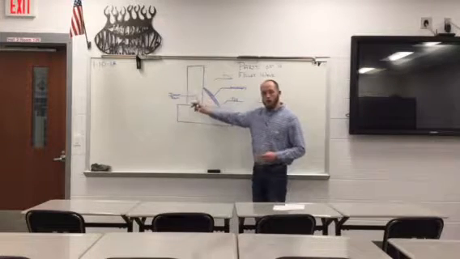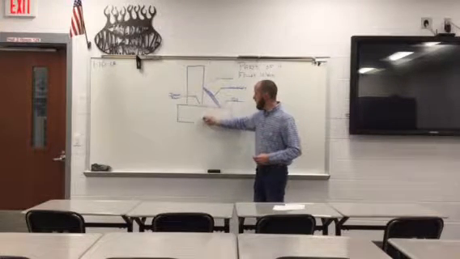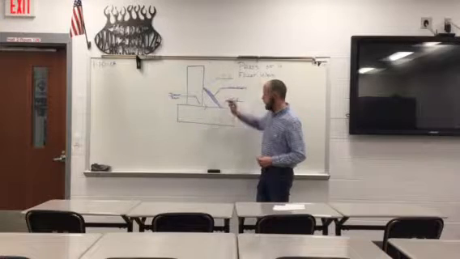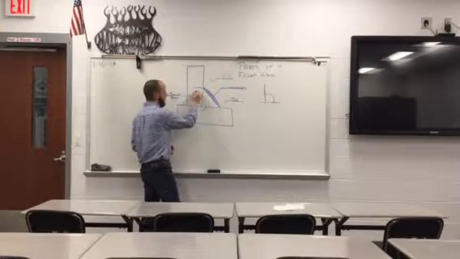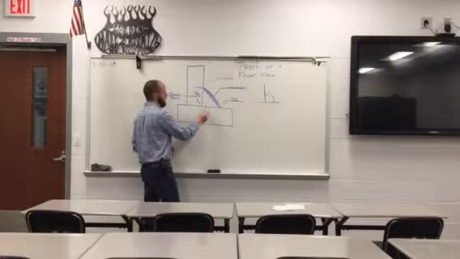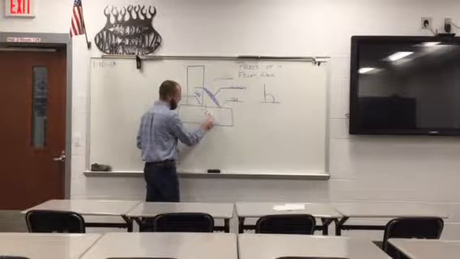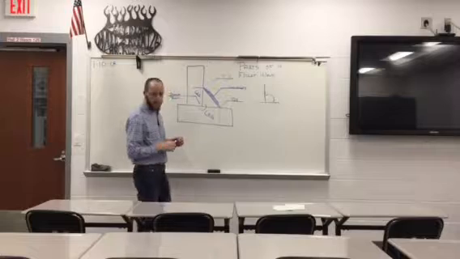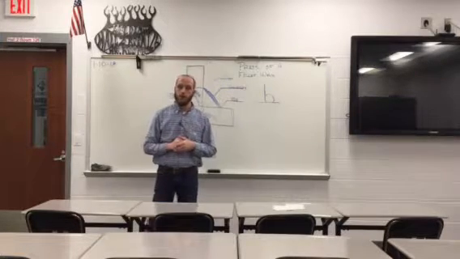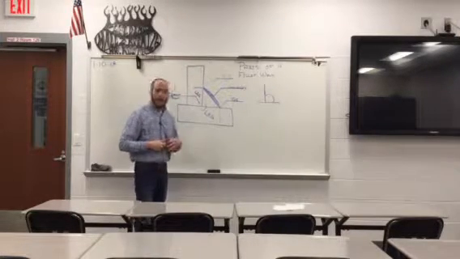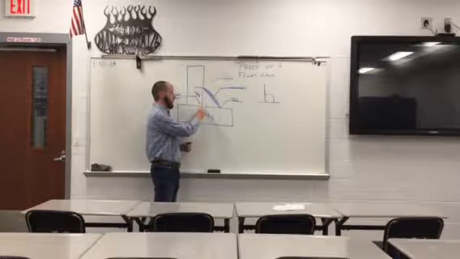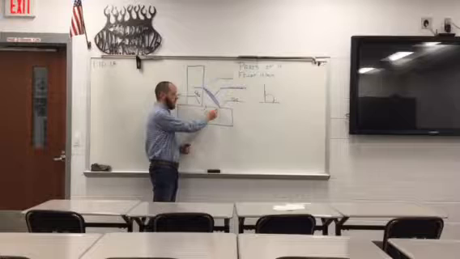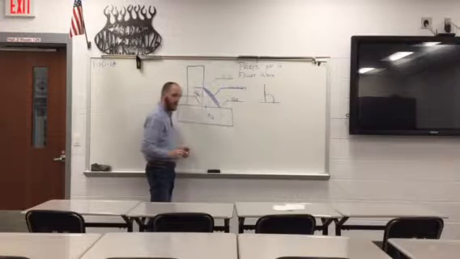Now, from the joint root, which is here, to the toes of the weld, both ways, there's two. Those are called the legs of a weld. The main thing the leg does is determine the size of a fillet weld. Let's say we want a 1/2 inch fillet weld. That's going to require 1/2 inch of weld material from the joint root to the toe of the weld, both ways.